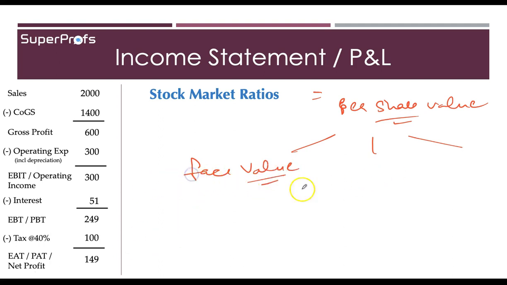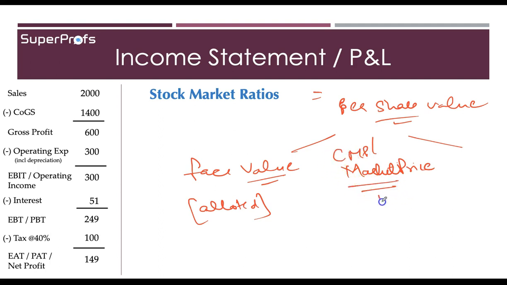This is the value at which the shares were first allotted. The second one is your market value or market price. You can also call it current market price, and this is the value at which the shares are currently being sold and bought in the stock market.